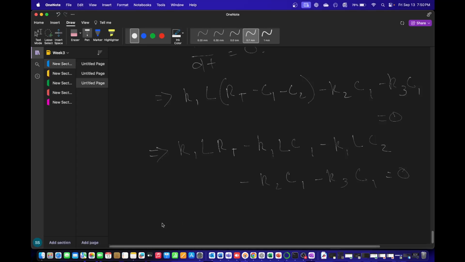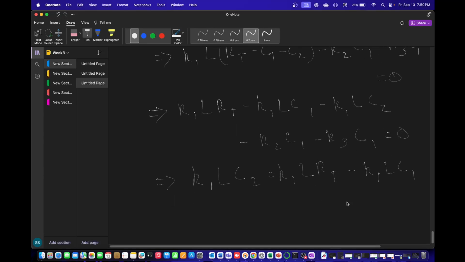Now you take C2 on one side and C1 on the other side. So C2 is this one. So K1 L C2 equals K1 L RT minus K1 L C1 minus K2 C1 minus K3 C1.